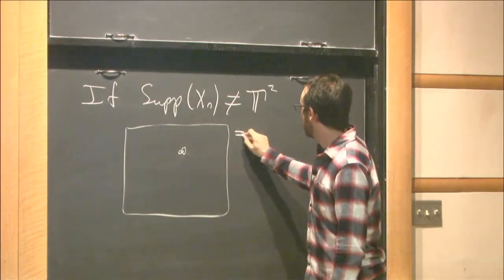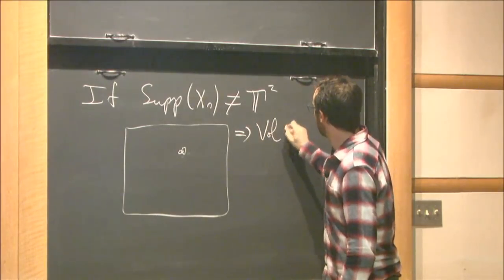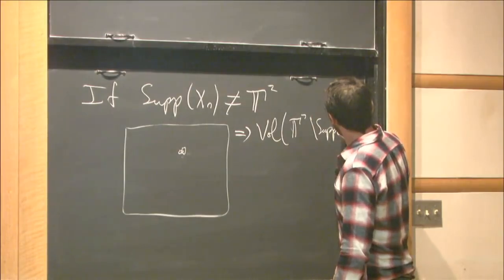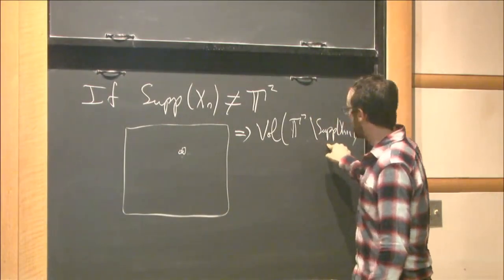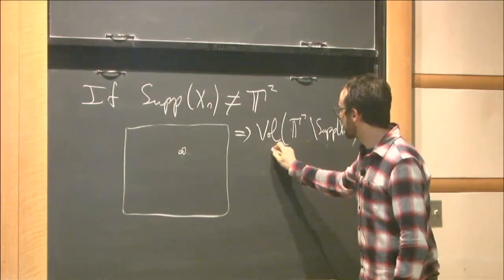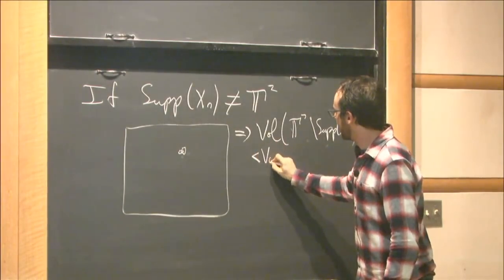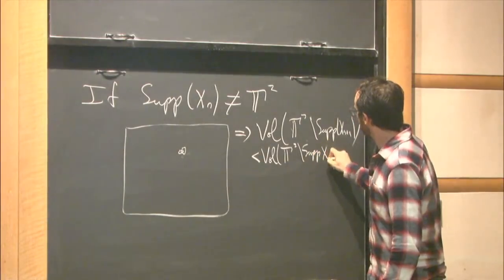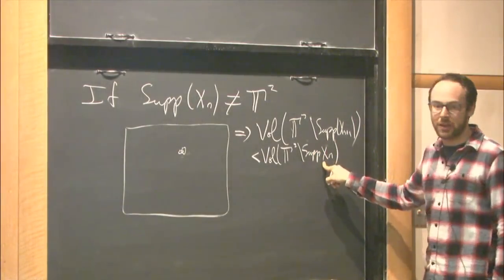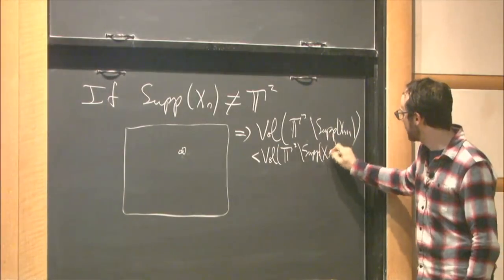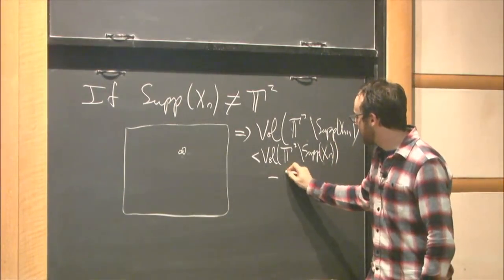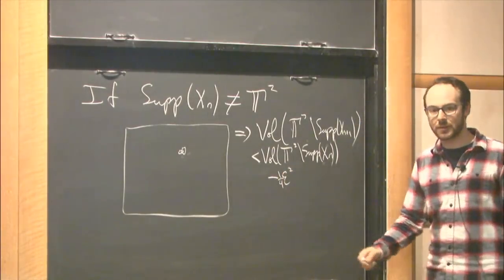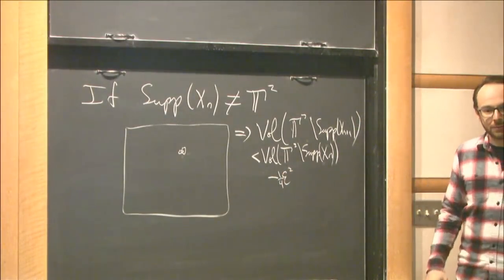And so the volume of the complement of the support is less than the volume of the complement from before, this is just the support as a random variable on the torus, minus 1/4 epsilon squared, something like that, because I took a little bite out of it.